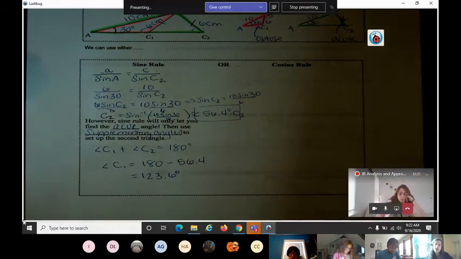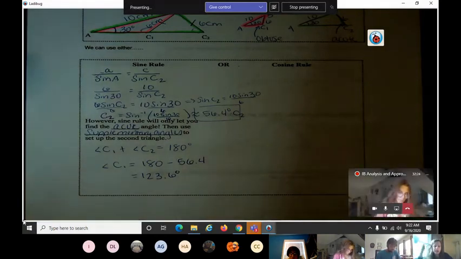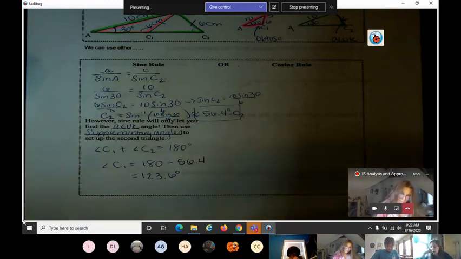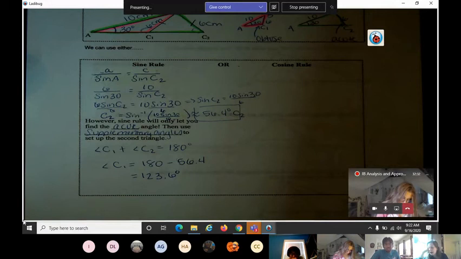But I'm not quite done yet because I still need to find little b1 and little b2, those side lengths. At this point I have, or I could have, all of my angle values because I have my A and my C, and triangles have angles that add to 180. So I could find the angle B. But I don't really have a clue what the side B1 and the side B2 are.